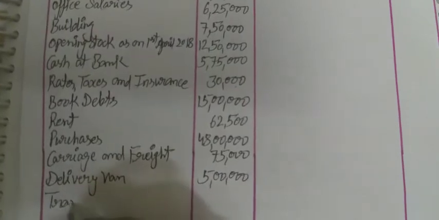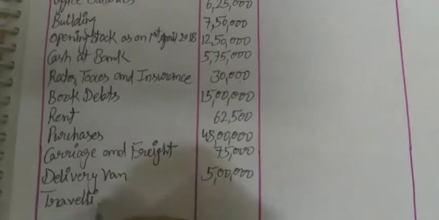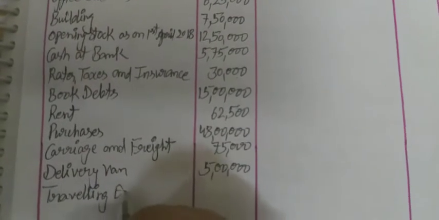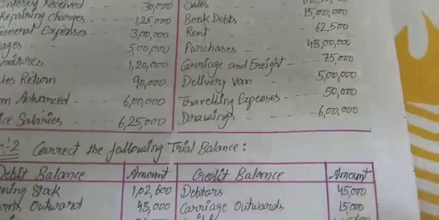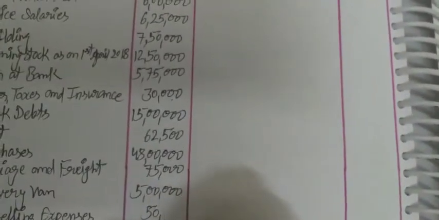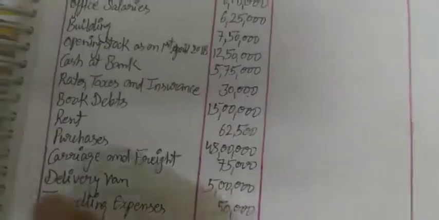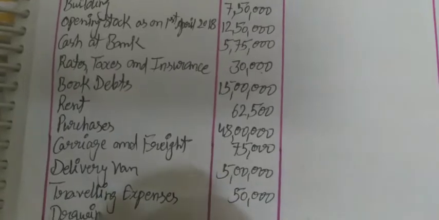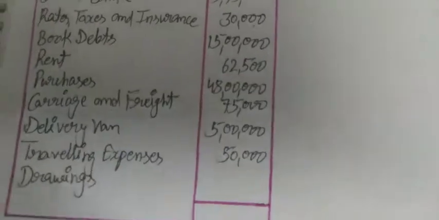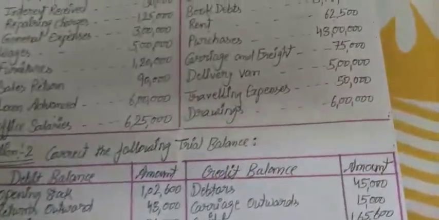All expenses will come in debit side. So traveling expenses, the amount is 50,000. So now students, there is drawings. Drawings will be debit side. The amount for drawings is 6 lakh.